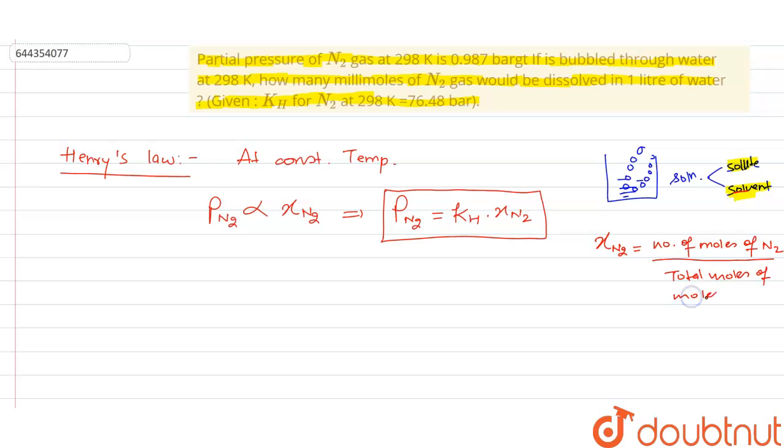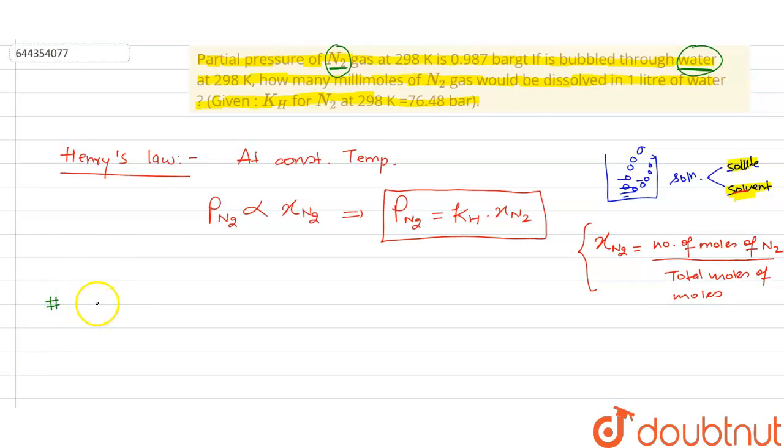Here we are going to do the same thing. Here as a system we are having N2 gas and water, where N2 gas is acting as a solute and water is acting as a solvent. So here we have to find the number of moles in both the cases.